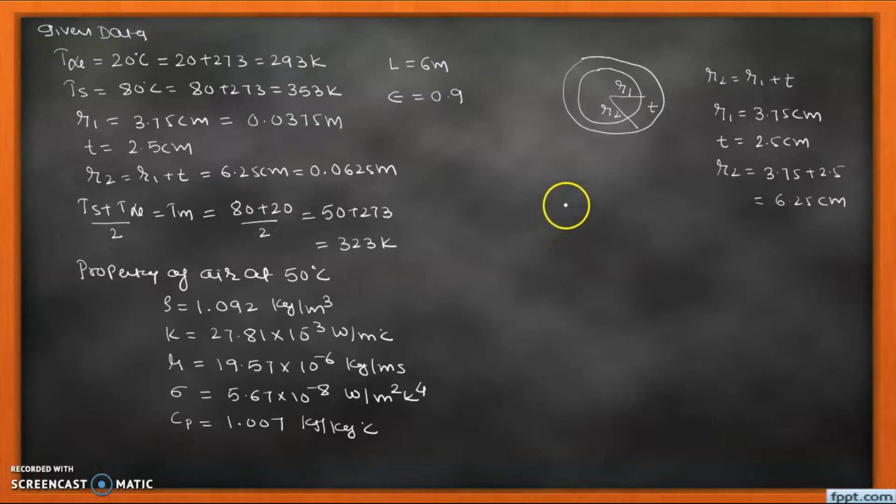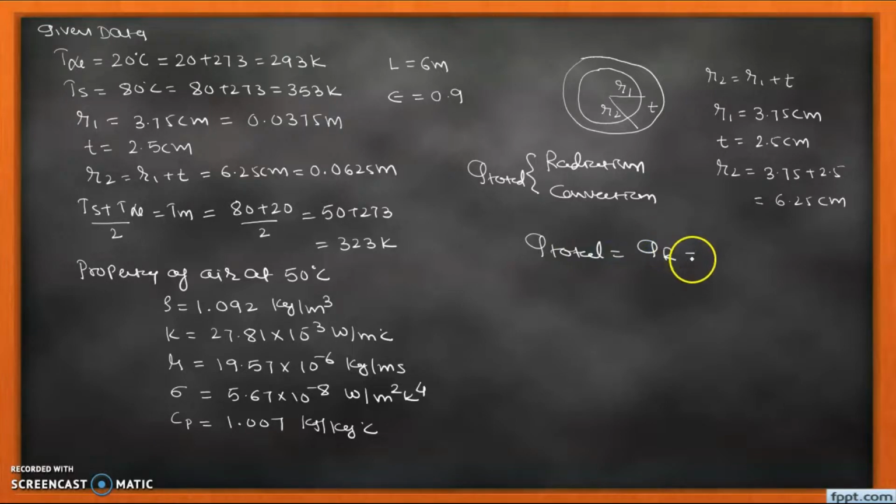So students, here we need to consider the heat transfer by radiation as well as convection. Heat transfer by radiation plus convection will give the Q total. In mathematical form, Q total equals Q radiation plus Q convection.